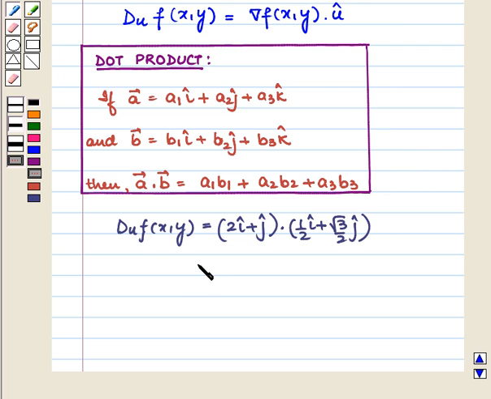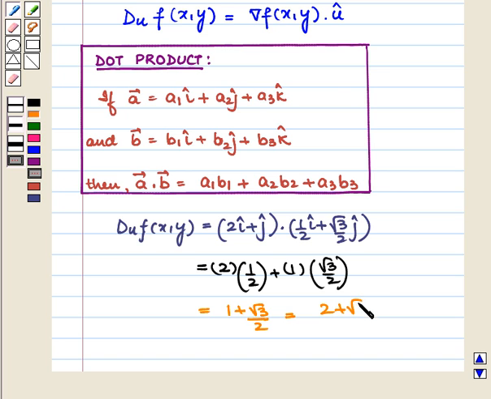So this will be equal to 2 into 1 by 2 plus 1 into root 3 by 2, which is equal to 1 plus root 3 by 2, that is equal to 2 plus root 3 by 2, which is the required answer.